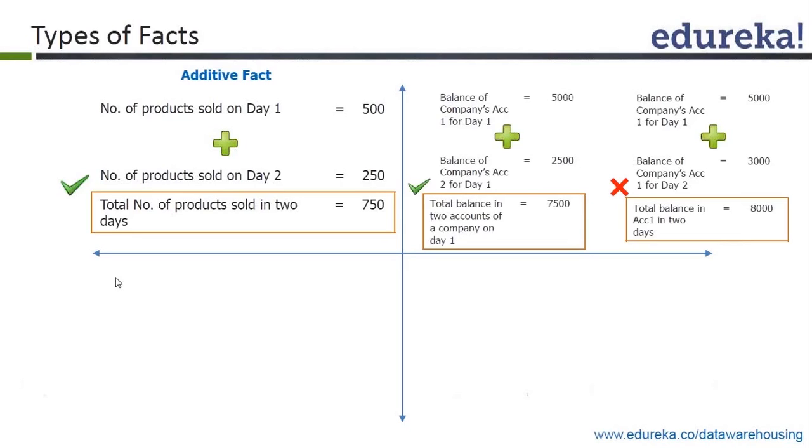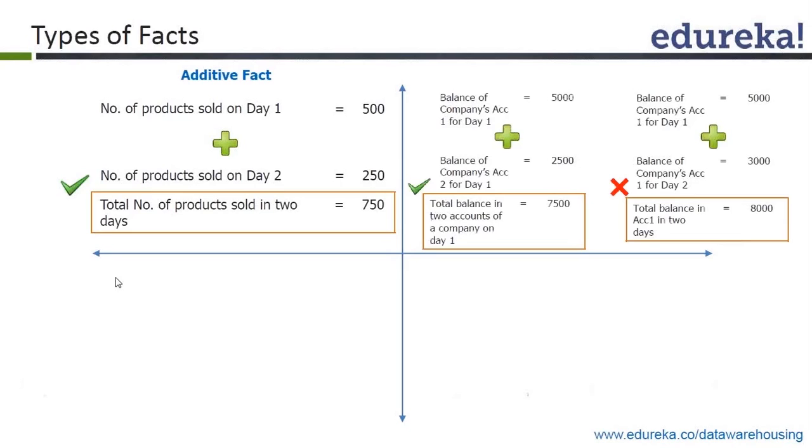But if you see the second example, you are having for the same company on 2 different days, balances of 5,000 and 3,000. That means the person has withdrawn money from his account, withdrew 2,000, and is left with 3,000.